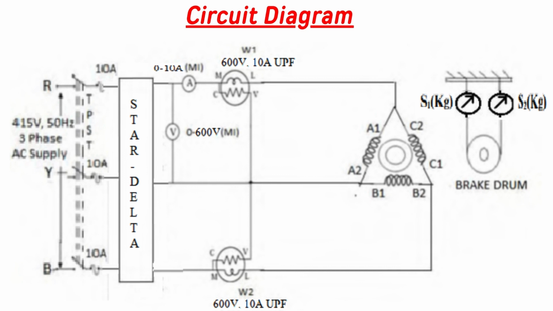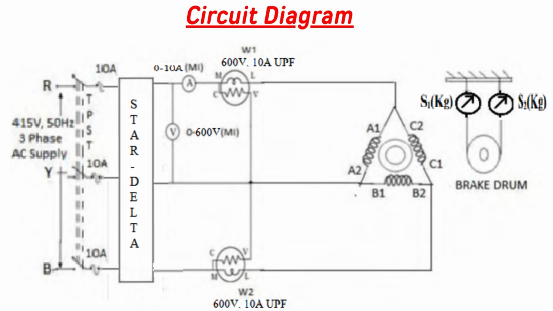The voltage between any two phases, RY, YB or RB, is 415 volts AC supply, which is connected to a TPST switch.